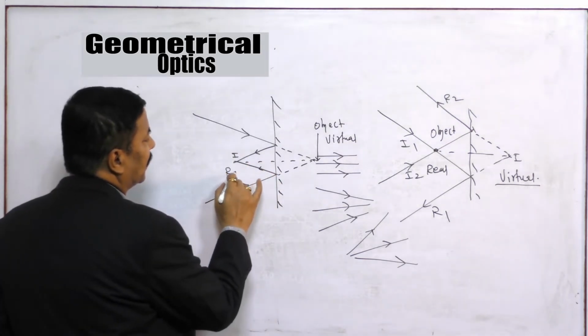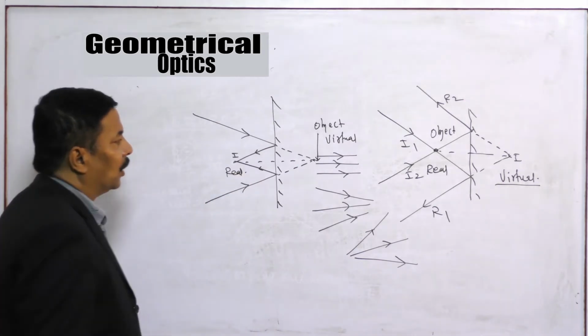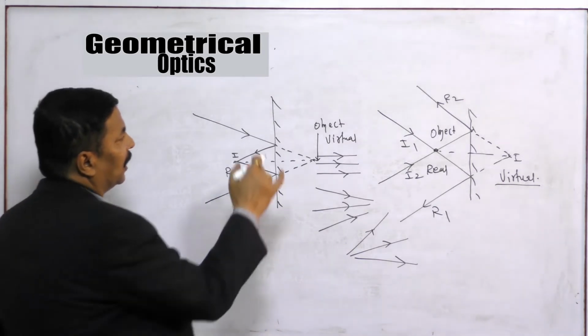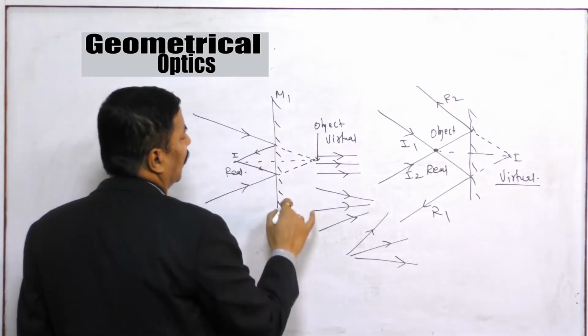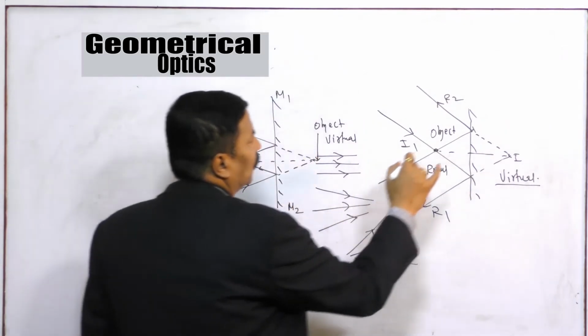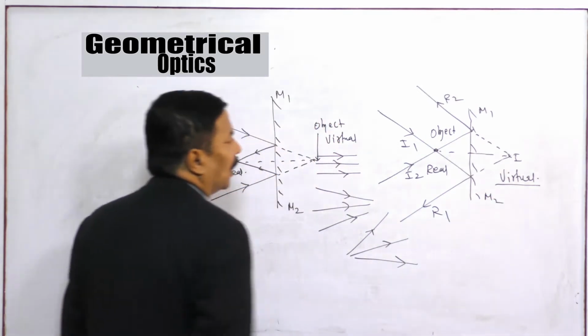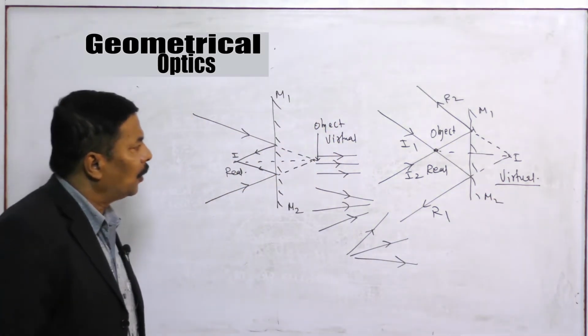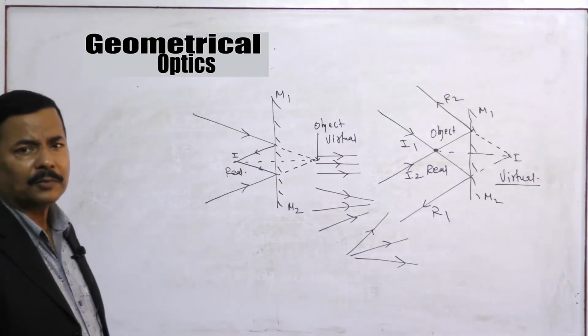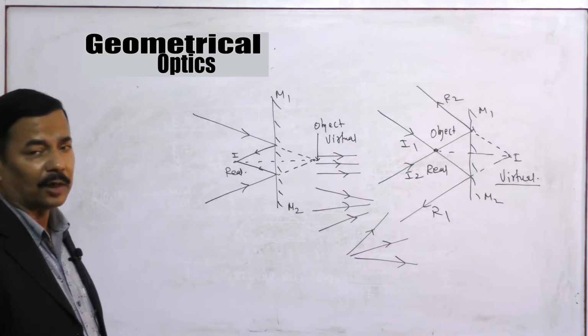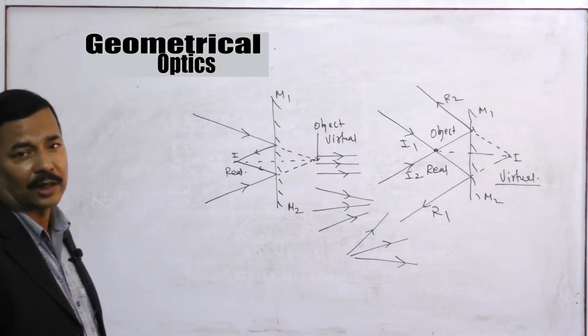This is real. So this mirror, plane mirror, M1, M2. So we have seen that the plane mirror forms a real image with a virtual object and a virtual image with a real object.